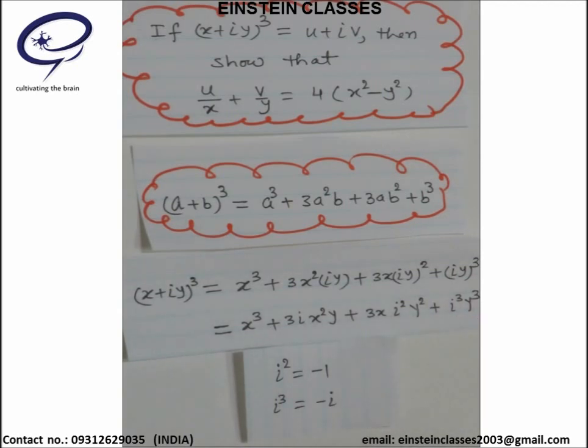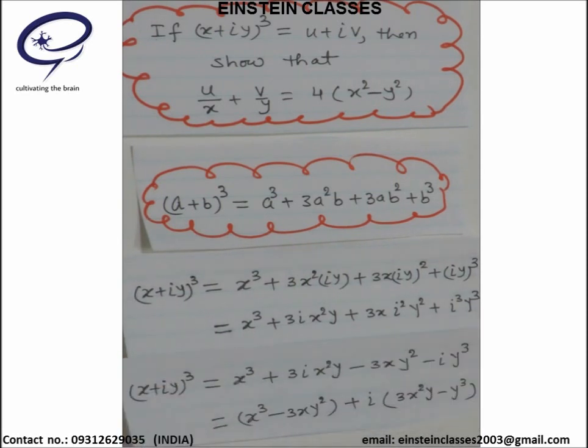After putting these values we get x^3 + 3ix^2 y - 3xy^2 - iy^3.